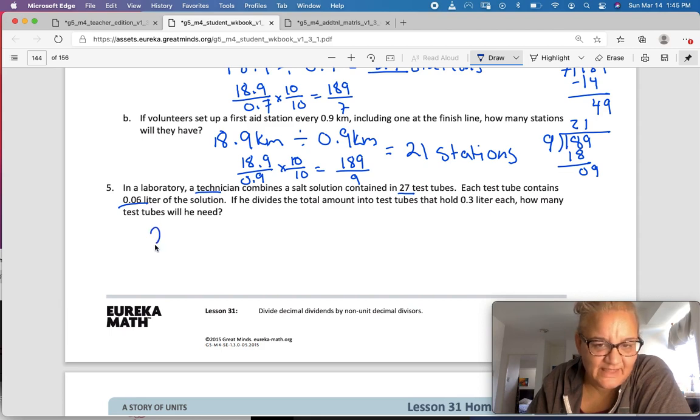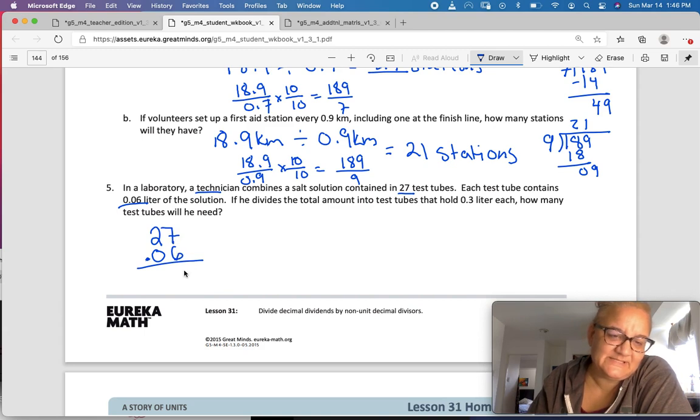So let's multiply that. 27 test tubes by 6/100ths of a liter. There's my decimal point. 6 times 7 is 42. Carry the 4. 6 times 2 is 12. Plus 4 is 13, 14, 15, 16. Okay, and I don't have to multiply the zeros because that's just a bunch of zeros. I could if you want me to. 0 times 7 is 0. 0 times 2 is 0.